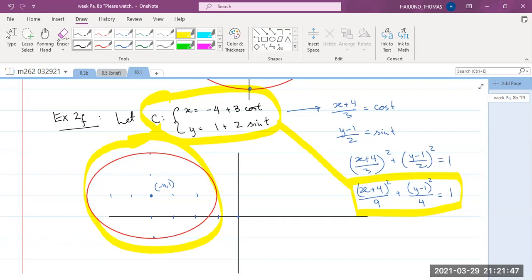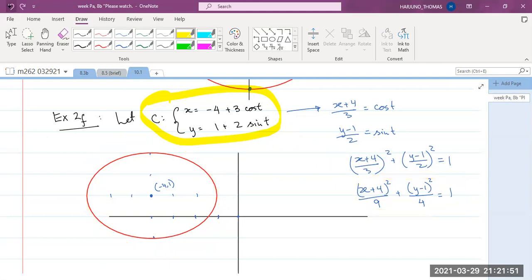Now, one of the important graphs, the basic graph in parametric equations, is the unit circle, because from that unit circle, you will get the larger circle with different radius at different center, and an ellipse.